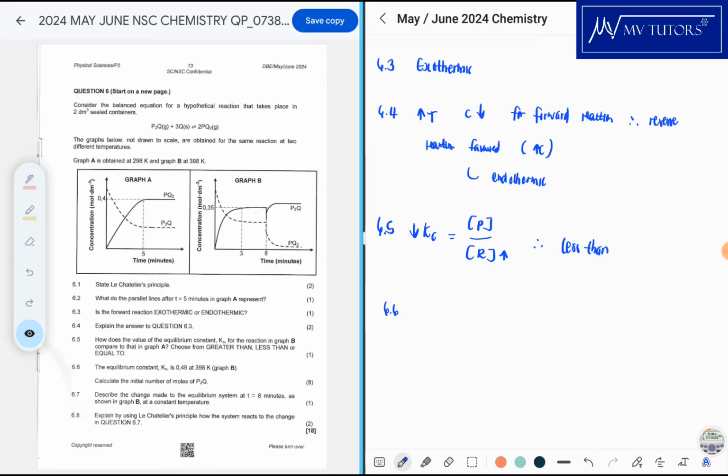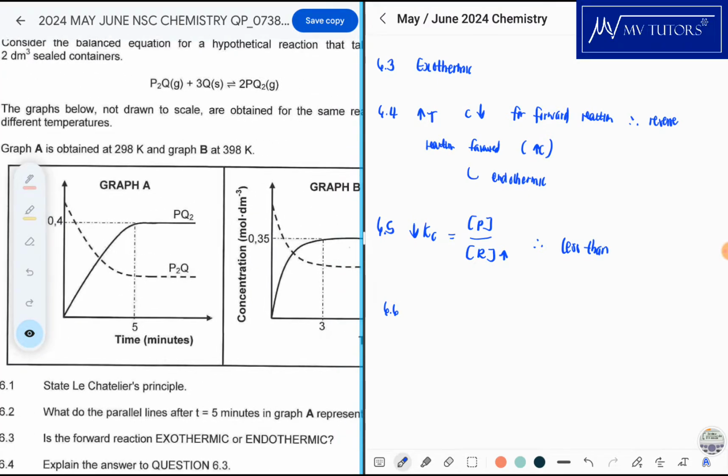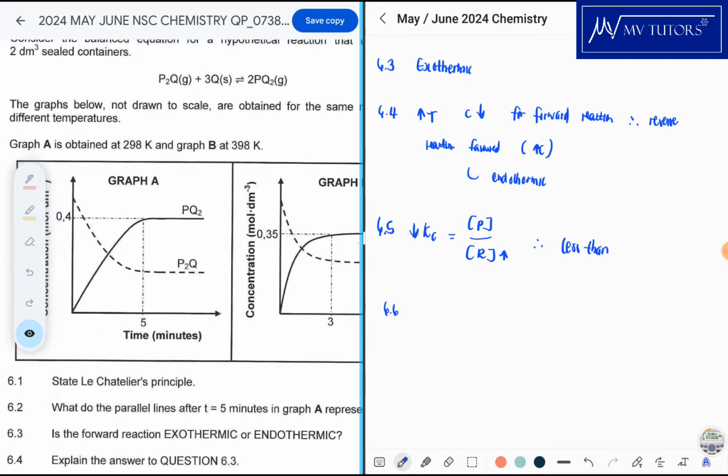For graph A, we normally know that our products start at 0, so this is our product, PQ2. It starts from 0 and over time it increases. Our reactant starts at a certain value and decreases as the product is formed.